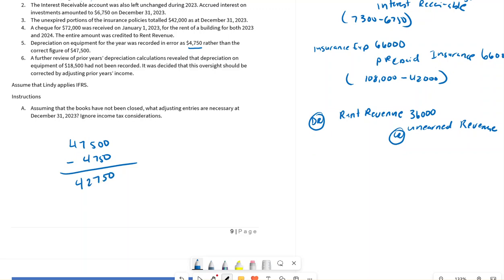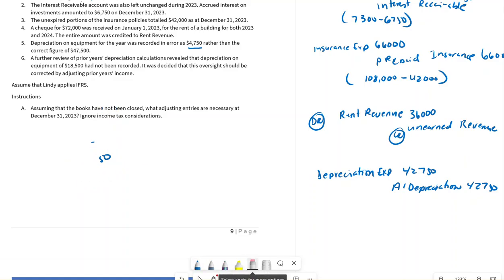If my books are not closed, I needed to do an adjusting entry. My adjusting entry will be debit depreciation expense, credit accumulated depreciation. The amount of my accumulated depreciation will be 42,750.